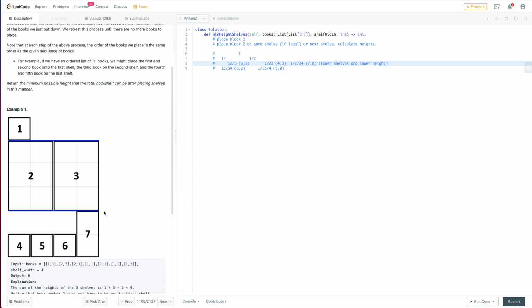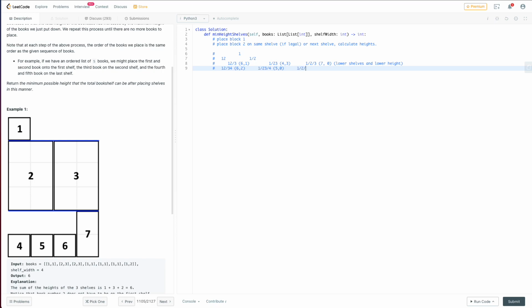Right, so I guess my point is I can prune this one because I have less height and less shelf space, and so I can prune this one in this layer. But in this layer, I couldn't prune this one.